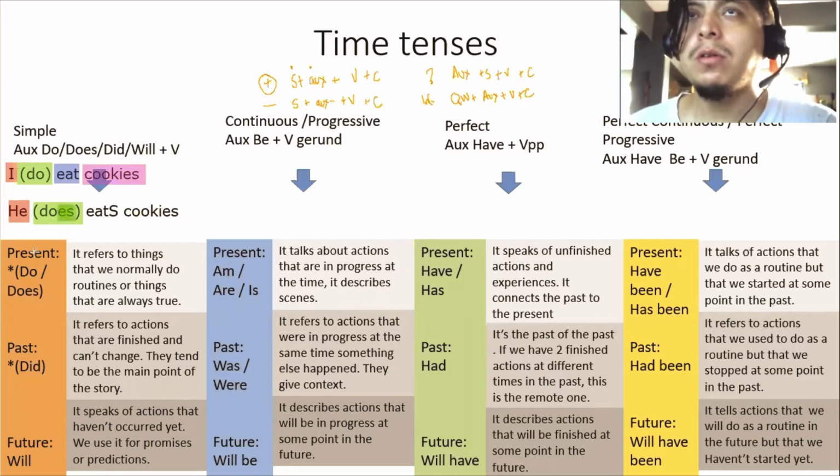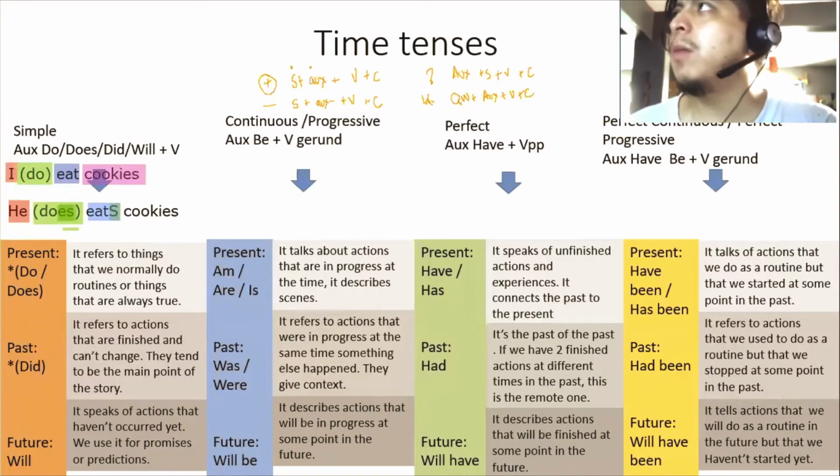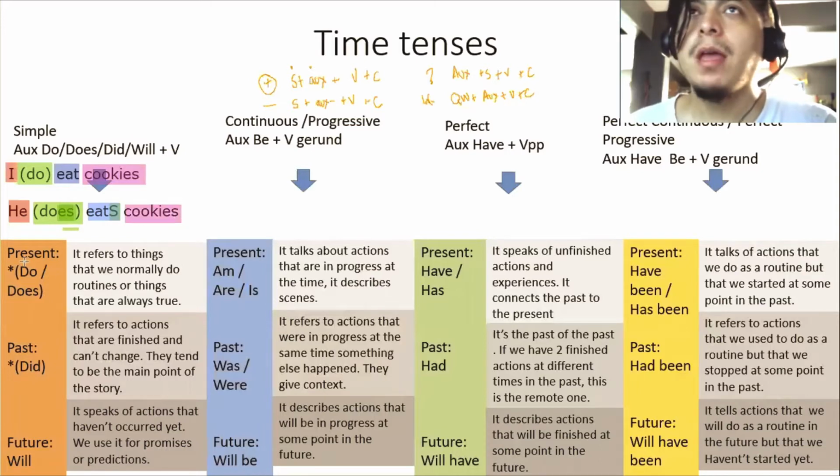I'm trying to make it a little bit more clear. Yeah, the S. Because we don't have that S, the verb is going to take the S, and we are going to say eats. He eats, and then the complement, cookies. I eat cookies. He eats cookies. Perfect. This is the simple present.